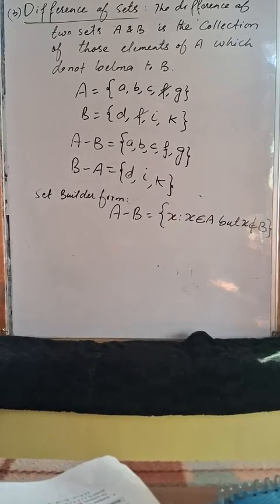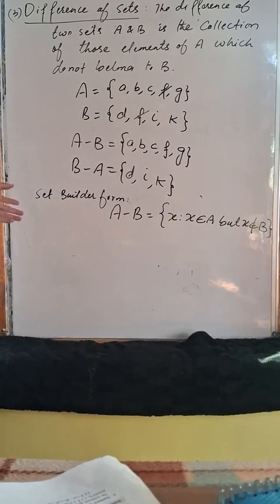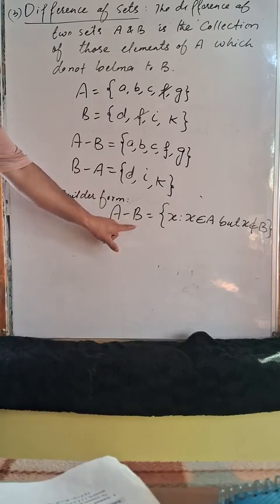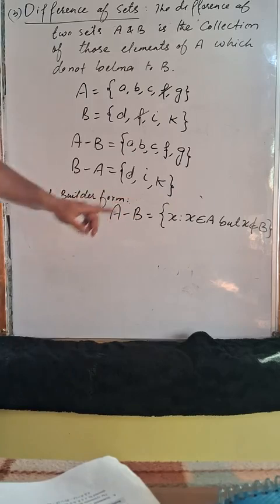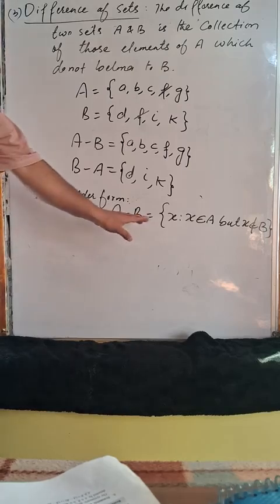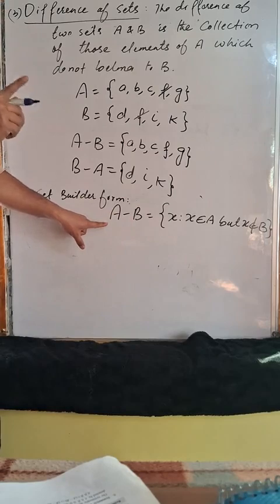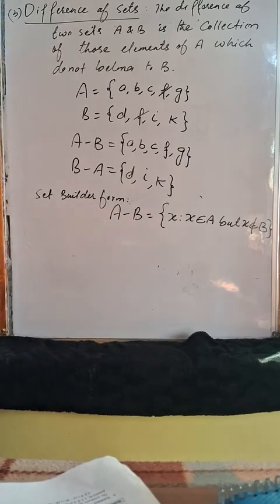Now we can represent the difference of two sets in set builder form as A minus B. We know that it is the collection of those elements of A that do not belong to B. So the set builder form will be {x such that x belongs to A but x does not belong to B}.